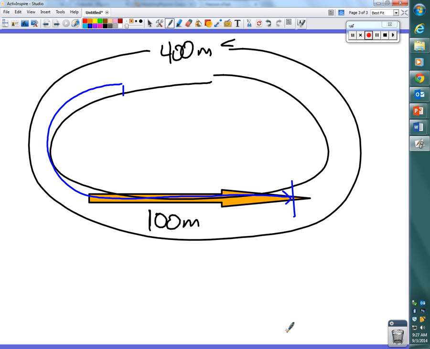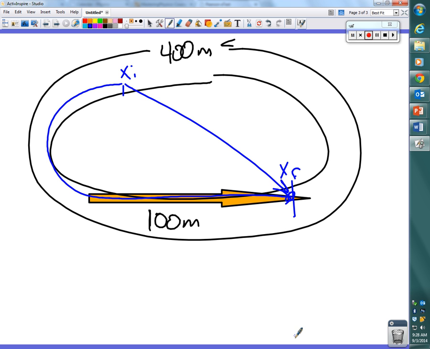So we talked about in that case the distance is going to be 200 meters, but you told us earlier that displacement depends on two things. What are the two things that displacement depends on? How do we calculate the displacement? Final and initial. So here's the final position, this is x final, and here's the initial position.